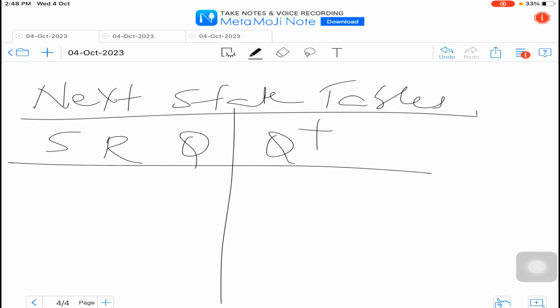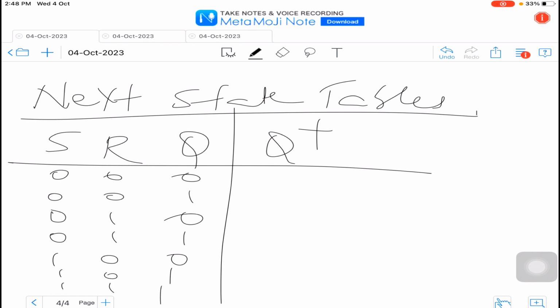So there are 8 possible combinations as we know: 0 0 0, 0 0 1, 0 1 0, 0 1 1, 1 0 0, 1 0 1 and 1 1 1.